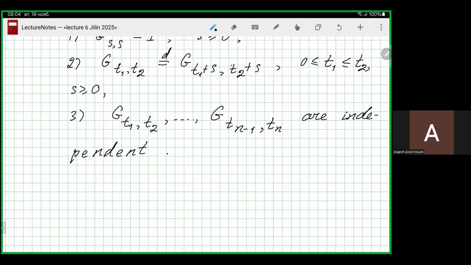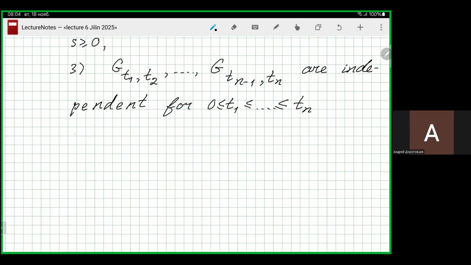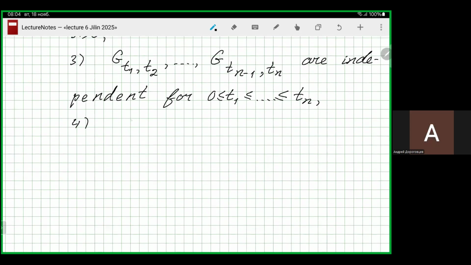Fourth, J_{T1,T3} is equal to the composition J_{T1,T2} J_{T2,T3}.